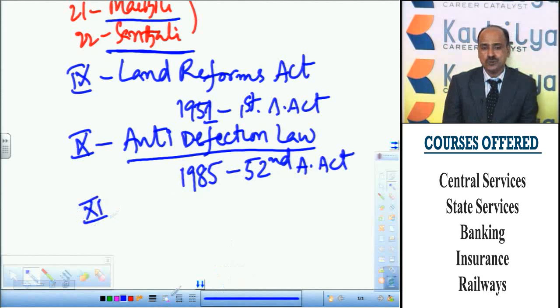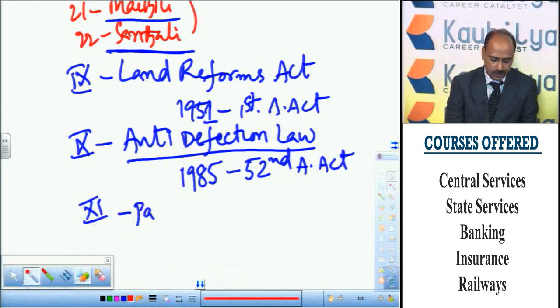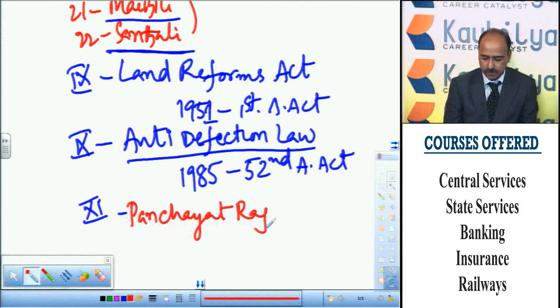Next, the 11th Schedule, Panchayat Raj Act. Basically, for Panchayat Raj, only provisions were mentioned in our Constitution, but in a later period, the Panchayat Raj system was introduced.